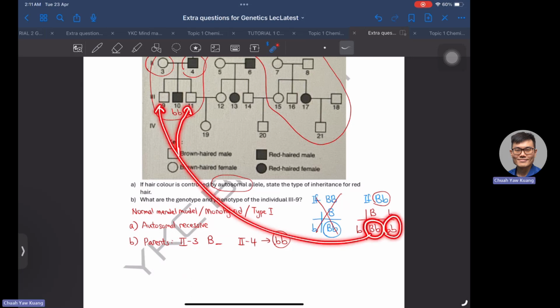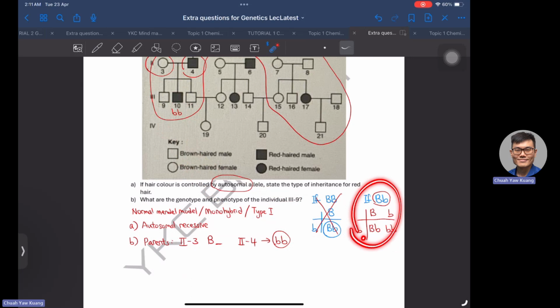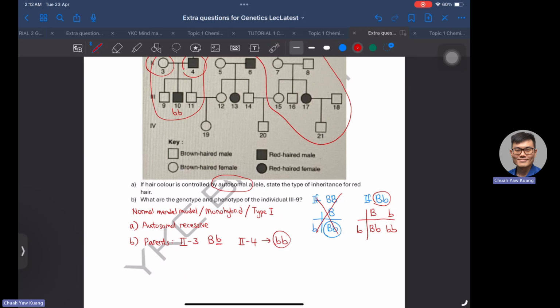At the same time, there is a chance for the son to have red hair as well. So it tallies with what is shown in the pedigree. That's why now we can confirm this individual 2-3 must be heterozygous.